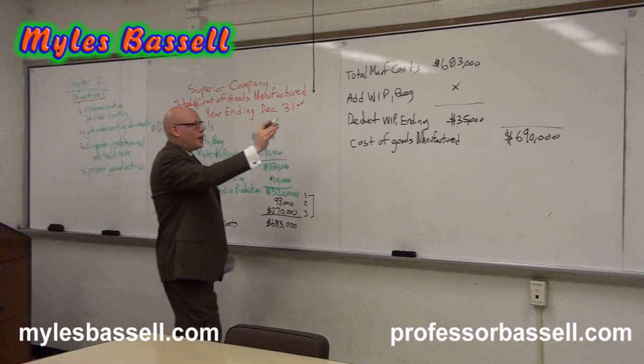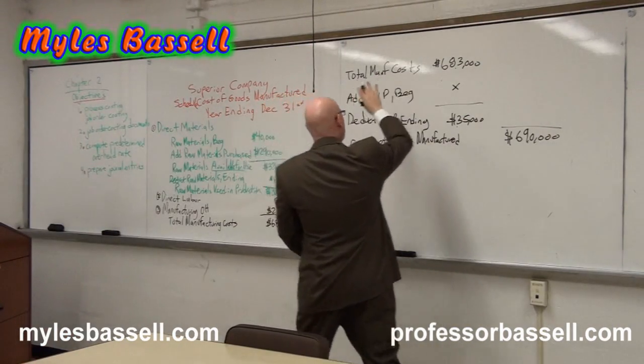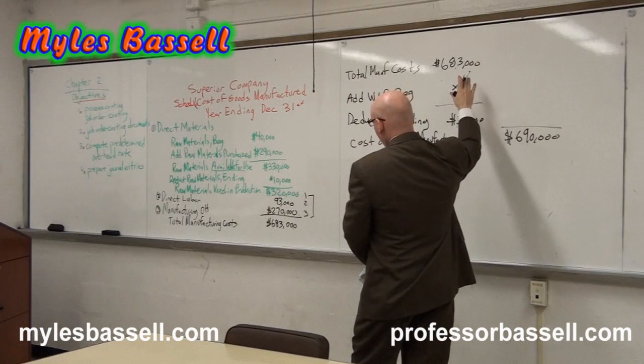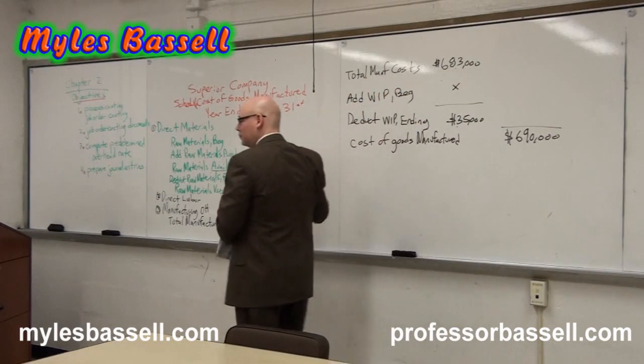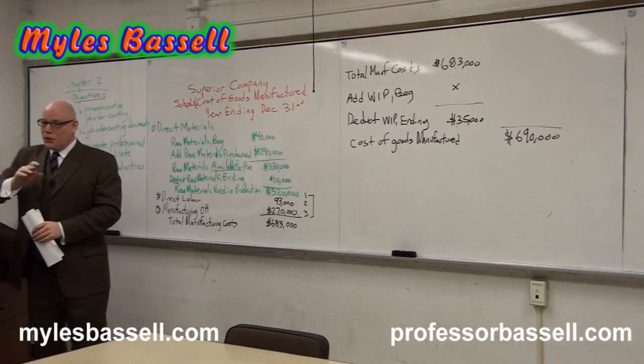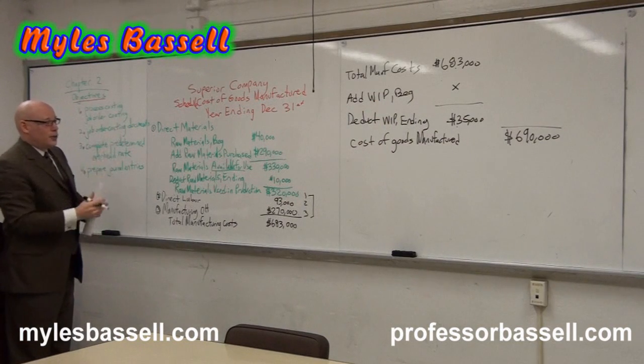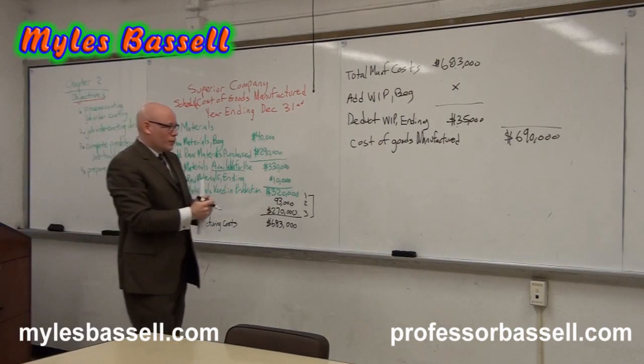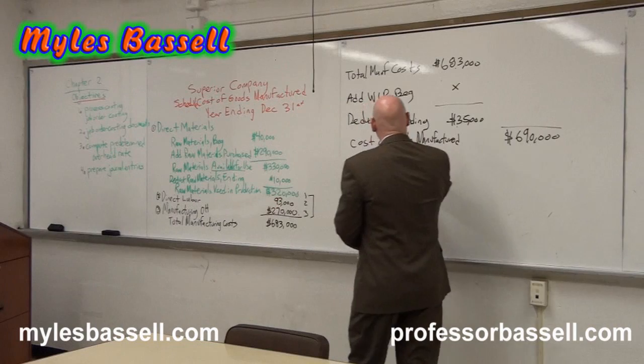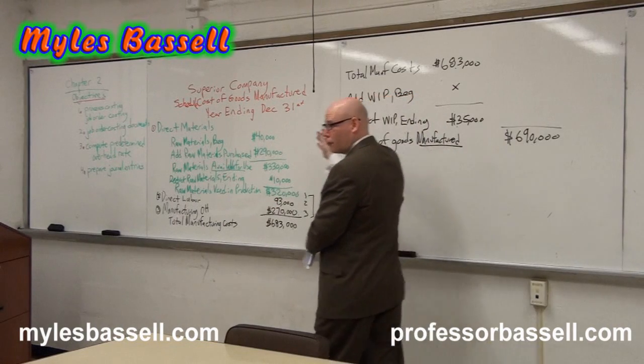So it's not enough to stop here and say, okay, total manufacturing costs are $683,000. Since we don't have 100% conversion, we need to ask, what about the WIP? Because ultimately what we want to get is the cost of goods manufactured.